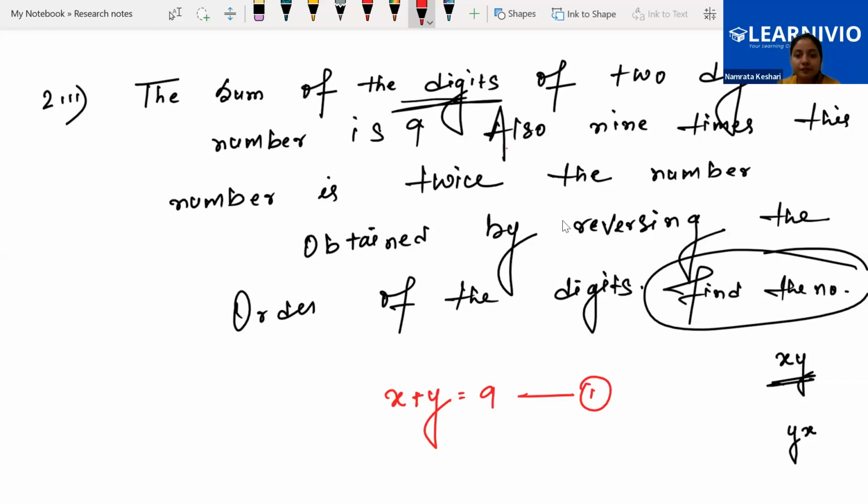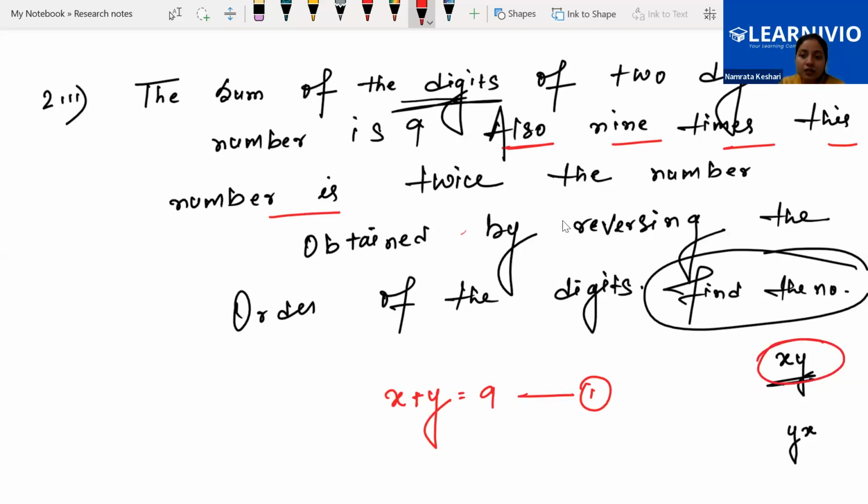Now the second statement says that 9 times this number is twice the number obtained by reversing the order.